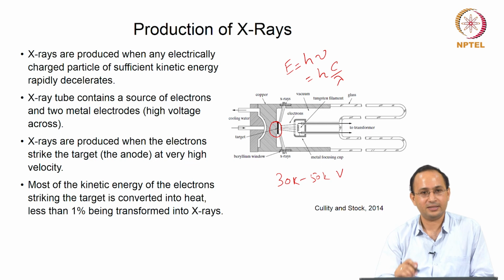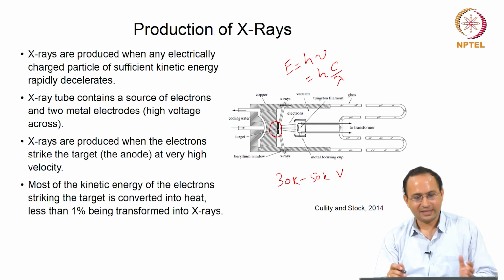What happens? These electrons have very high kinetic energy, and most of it is converted into heat, with less than 1% being transformed into X-rays.